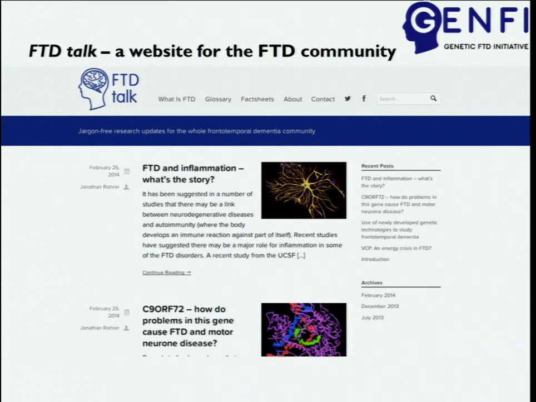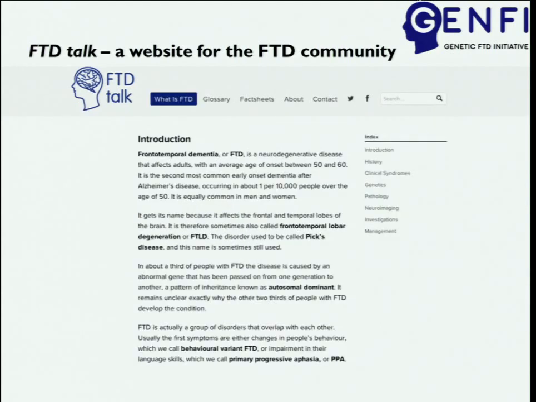This was the one that was up earlier in the year, talking about inflammation, which is a thing that we're particularly interested in at the moment. But actually, there's a little bit of an introduction to FTD. So if people have never heard of FTD, there's a lay introduction of what it is, and a lay introduction to the genetics and the pathology and the imaging.